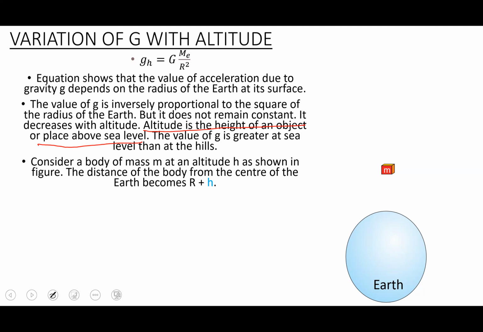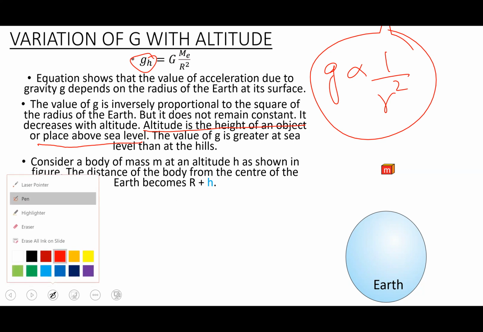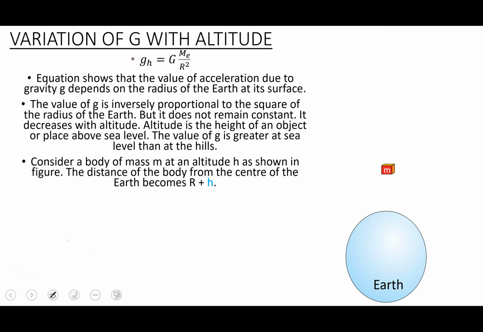Now it is obeying the law of gravitation, from which we have derived this formula, that g over here is inversely proportional to r square. So this is the formula which we are talking about. As we move away from the object, the value of g will decrease, and that is why we are saying that as we move away, the value of g is decreasing.